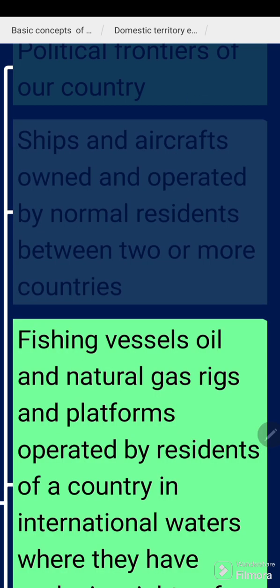Domestic territory also includes fishing vessels, and oil and natural gas rigs operated by residents of a country in international waters where they have exclusive rights of operation. This is also a part of the domestic territory of the concerned country.